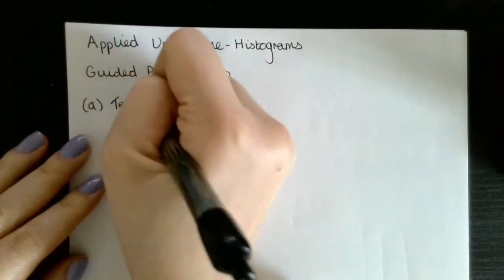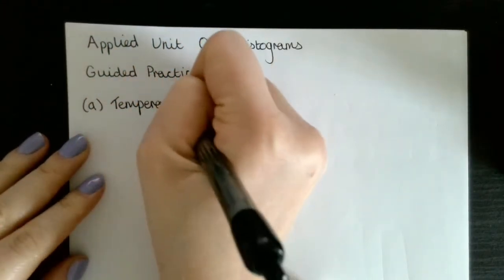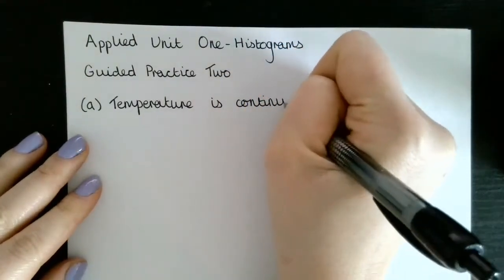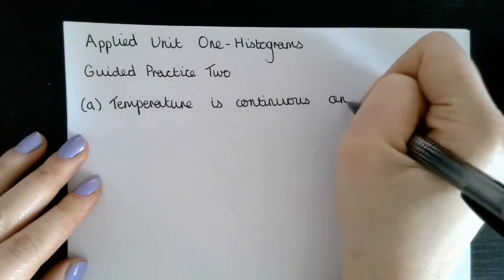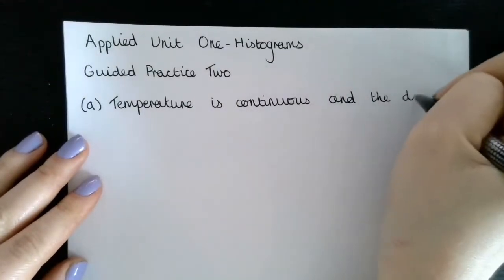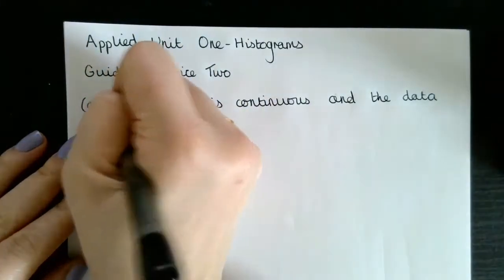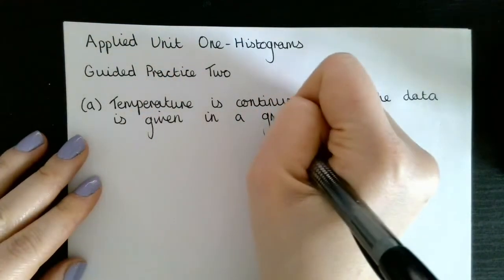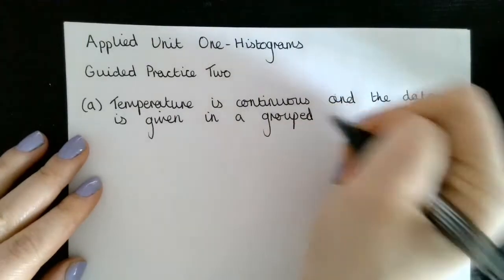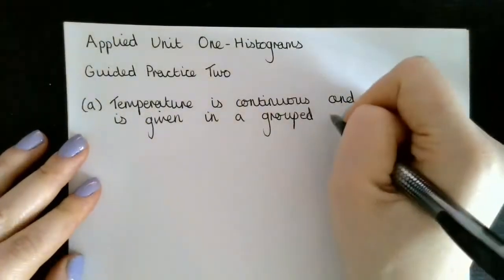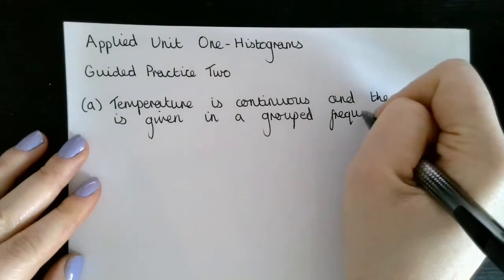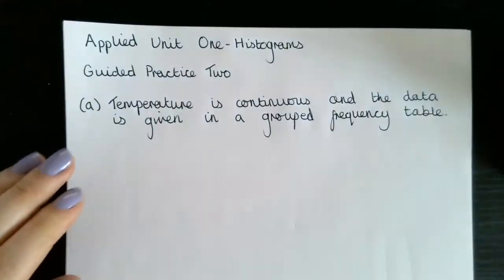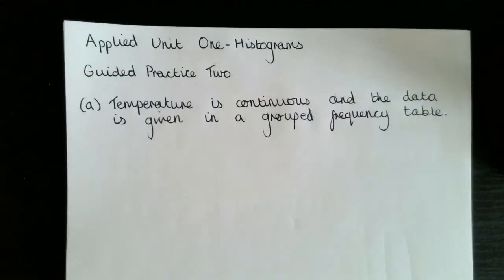Temperature is continuous, and the data is given in a grouped frequency table. Again, we're not given that table, but we were told in the question that that's how the data was given. So it's given in a grouped frequency table. That's all you need to write for your answer to part A.